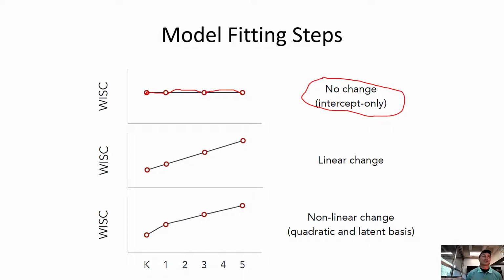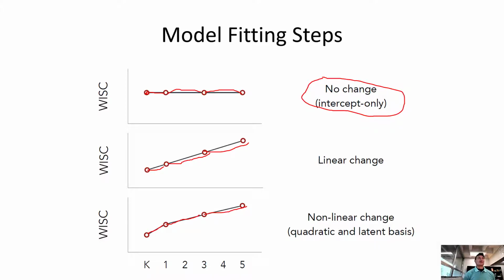The next model should fit better. Then we're going to allow a linear change model where things improve, or it could actually go down over time as well. So it doesn't necessarily have to be a positive change, but there's going to be some sort of growth in this model. And then we can also, and I'm going to show you quite a few nonlinear change models, have things where we have a burst at the beginning and then change sort of slows down over time.